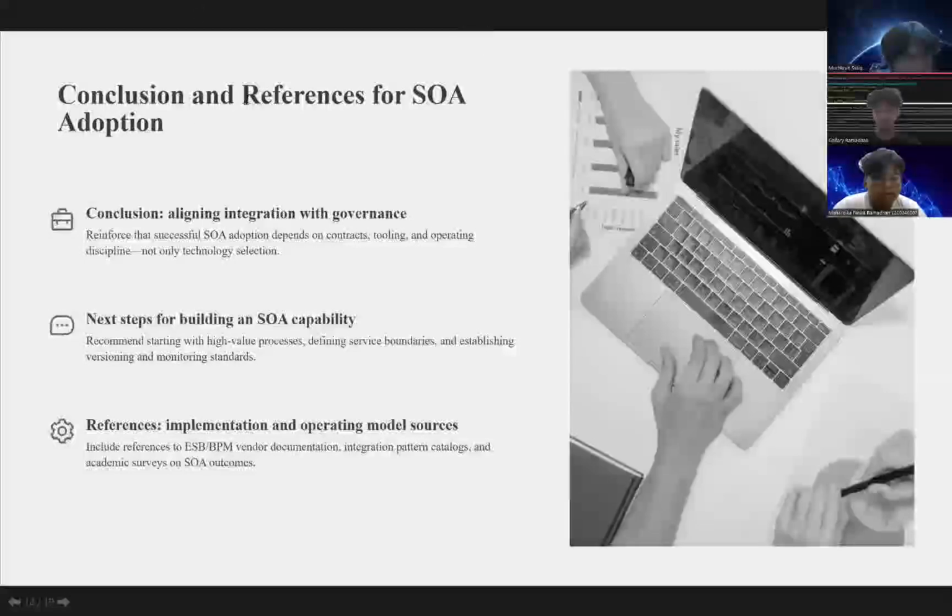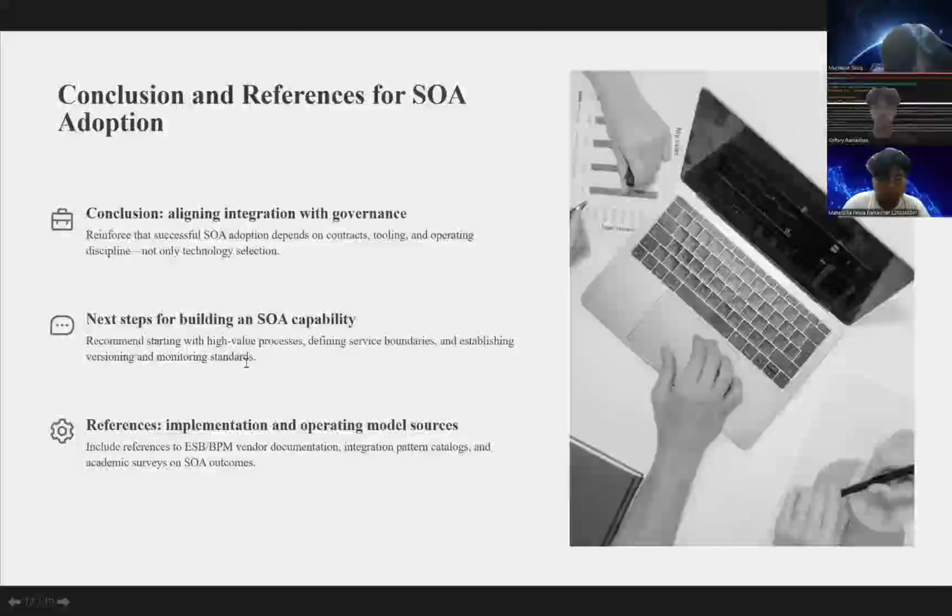And then for reference for SOA adoption, the conclusion is aligning integration with governance, reinforcing that successful SOA adoption depends on contract, tooling, and operational discipline, not only technology selection. Next step for building an SOA capability, recommend starting with high-value processes, defining service boundaries, and establishing versioning and monitoring standards.